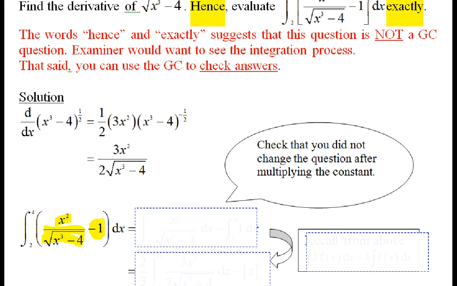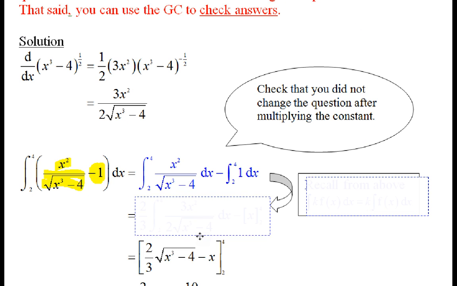Doesn't quite look like this, but similar. First thing we can do, can we split the integral like that? That means integrate these two terms separately because it's separated by a minus. Of course we can.